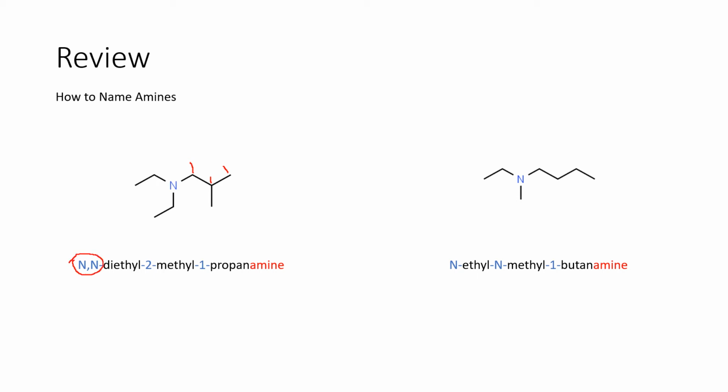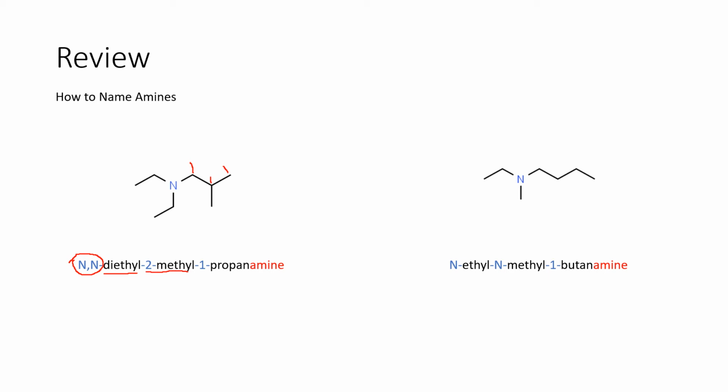In this case, you have 2 the same, so it's N,N, and they're both ethyl groups, so it'd be N,N-diethyl. You then want to name the side chain on your parent chain and where it's located. So on the second carbon, you have a methyl group, so it'd be 2-methyl, and then you just want to name the parent chain at the end, so it'd be 1-propanamine.